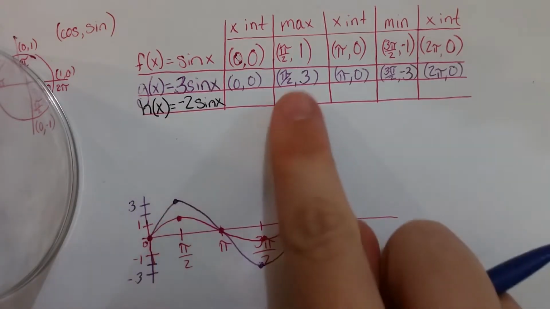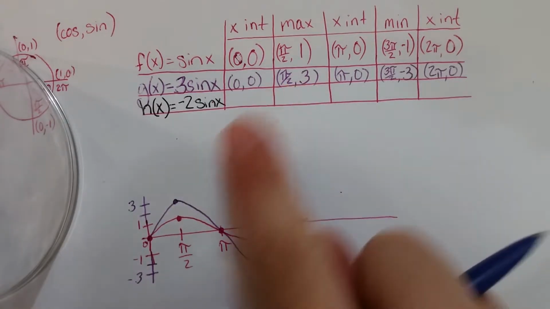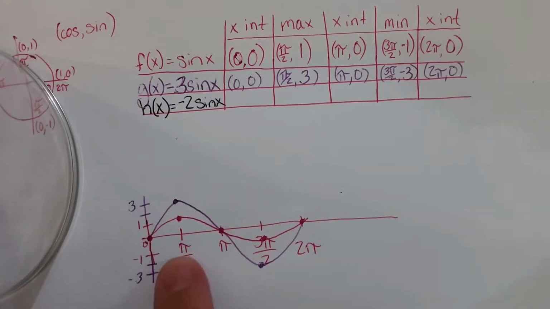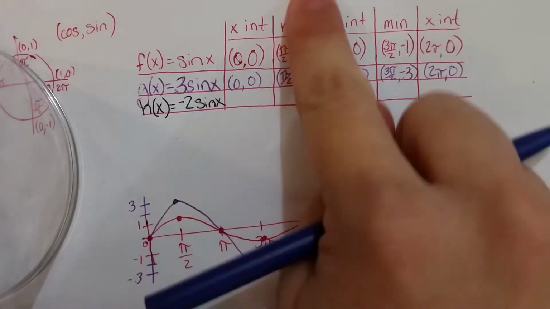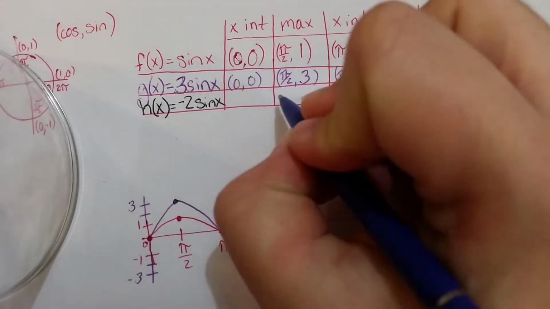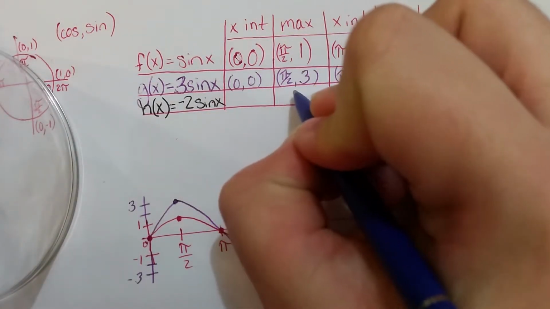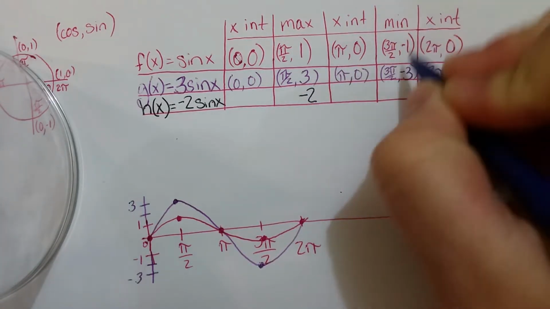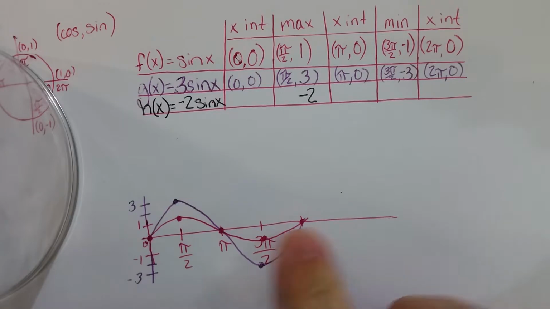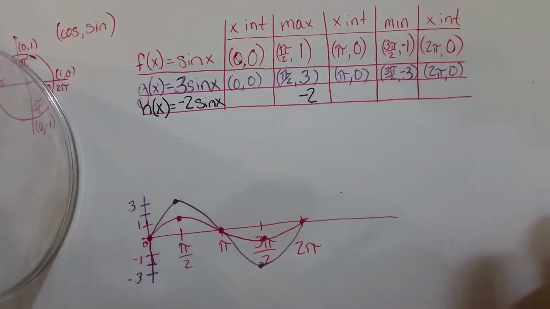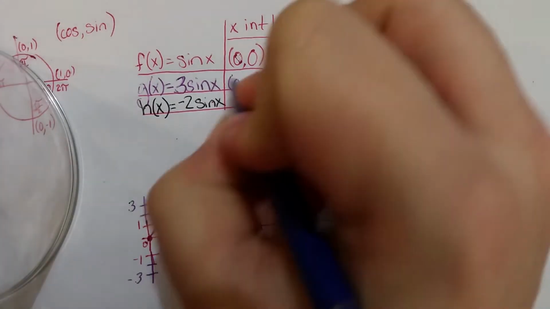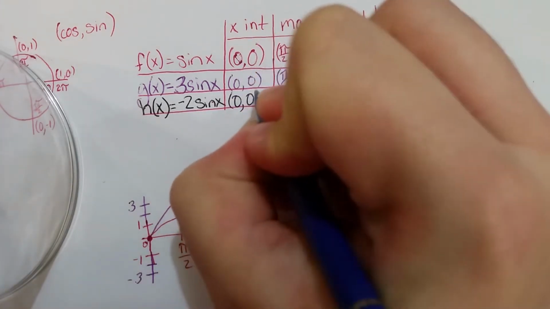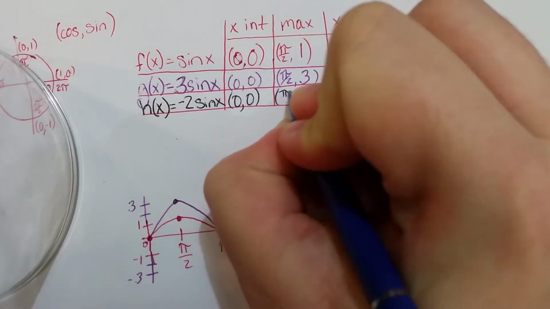So instead of having a maximum, it's going to have the minimum first. I know this column says maximum, but really we're now going to have the minimum point at negative 2. And then the maximum will occur here. It's just flipped upside down. So this will become positive 2. Everything else stays exactly the same.